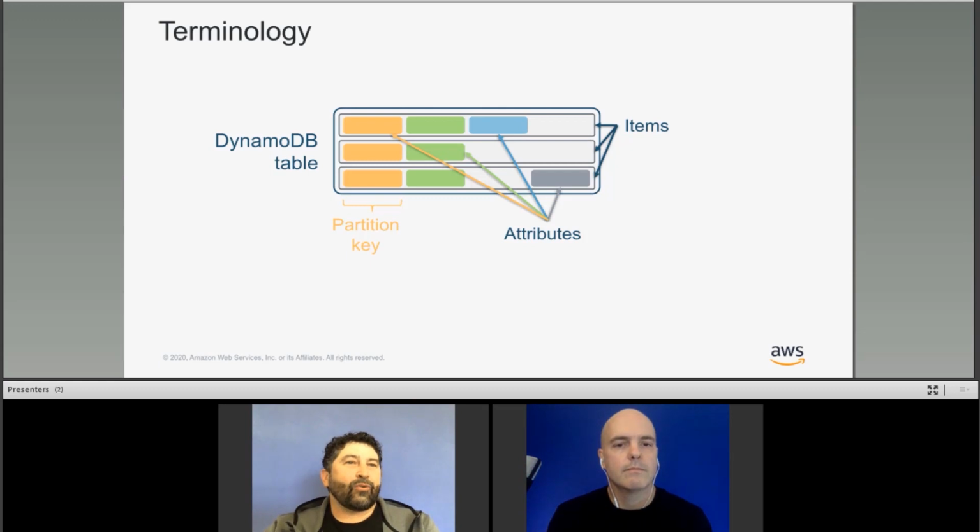We also have one of those attributes that is required for every item in the table. And that attribute is our partition key. That's what DynamoDB uses to do the horizontal scaling. We're going to hash that effectively and figure out where on all of the infrastructure we're running for you it belongs.